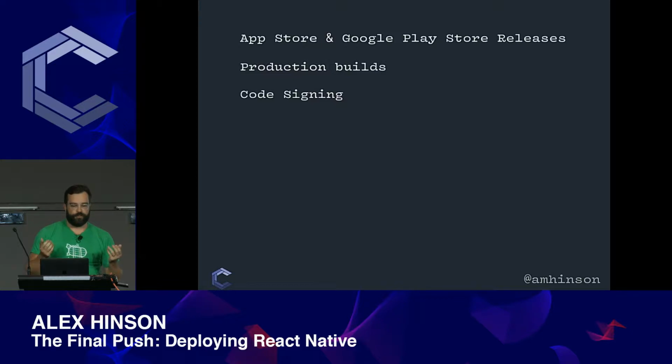For reference, iOS has certificates and provisioning profiles that get pretty confusing, and Android has a keystore, among other things that go into this process. So there are just a lot of domain-specific pieces there.